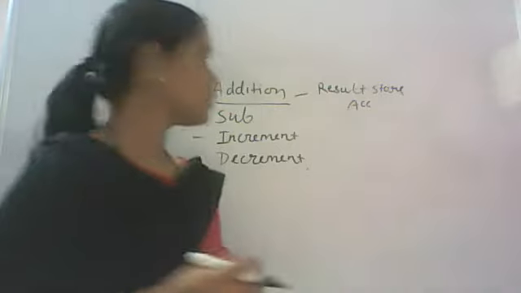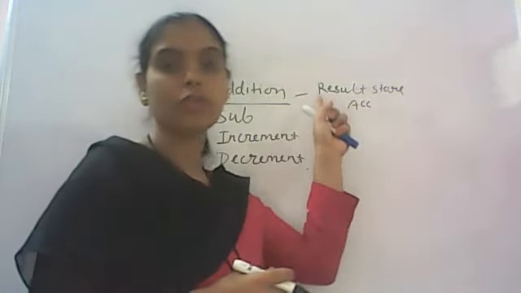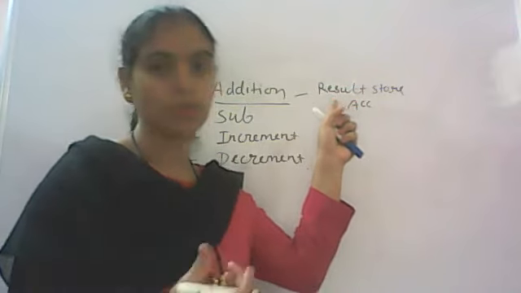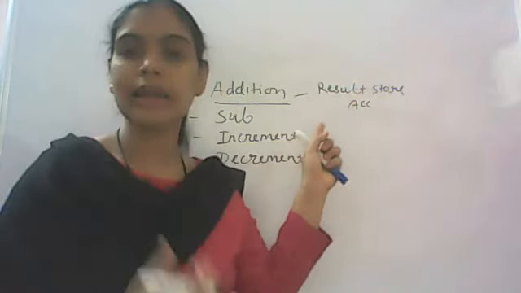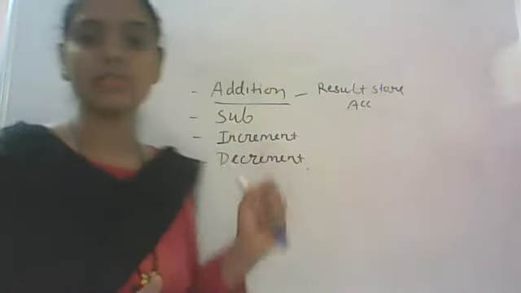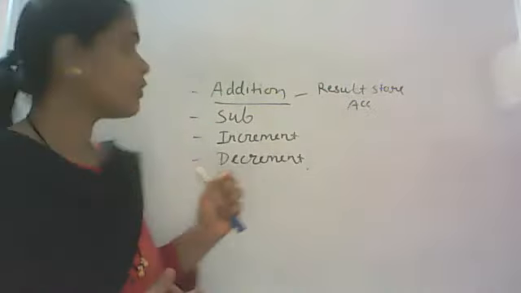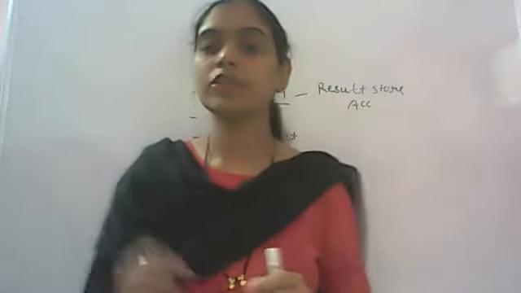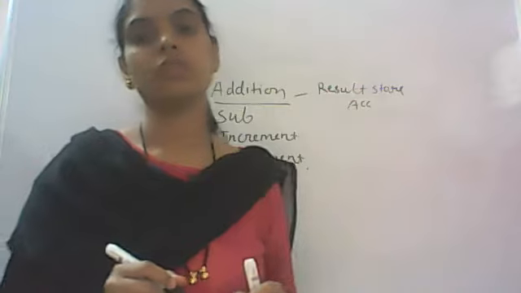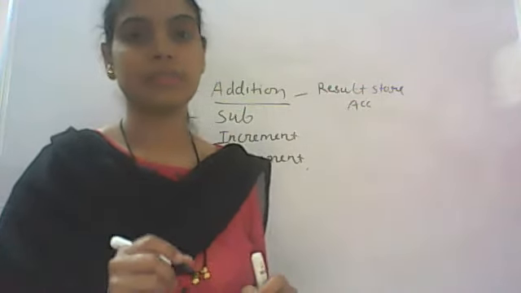Here we do not use any two registers, or two other 8-bit registers, added directly using the addition instruction. For example, the content of register B cannot be added with the content of register C directly.